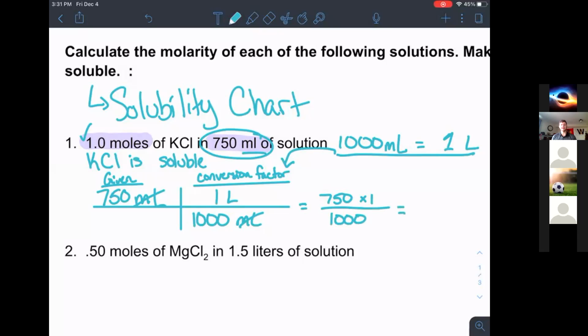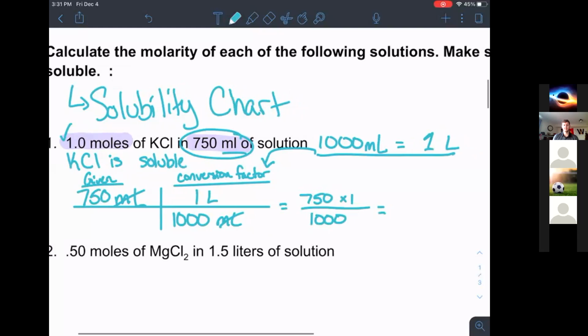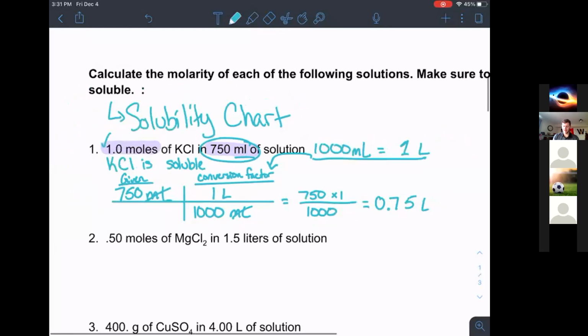And how many liters is that? Everybody agree? Never mind. It's 0.75. There we go. 0.75 liters. Perfect. All right.